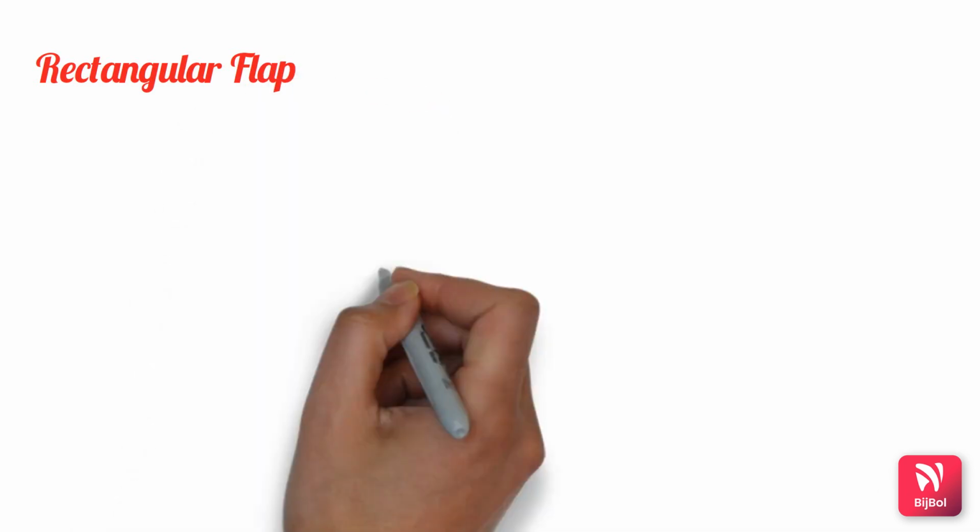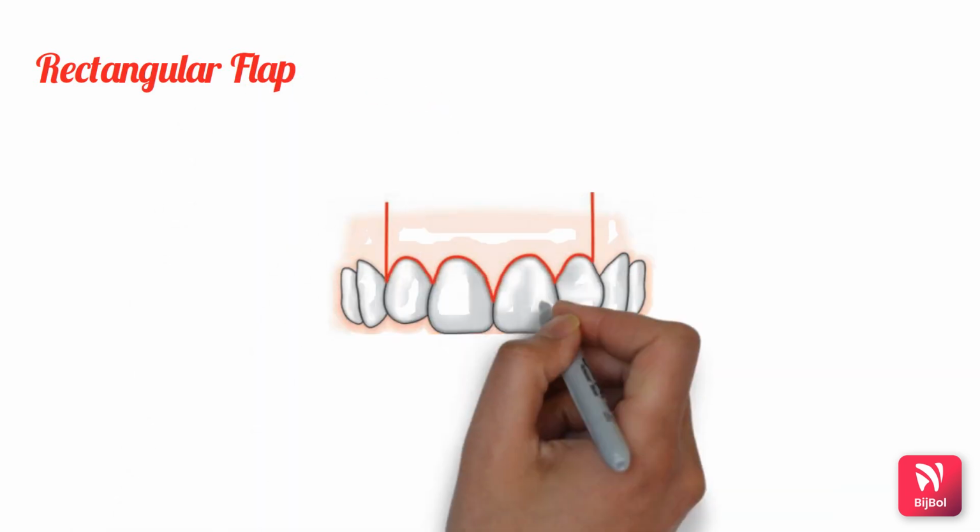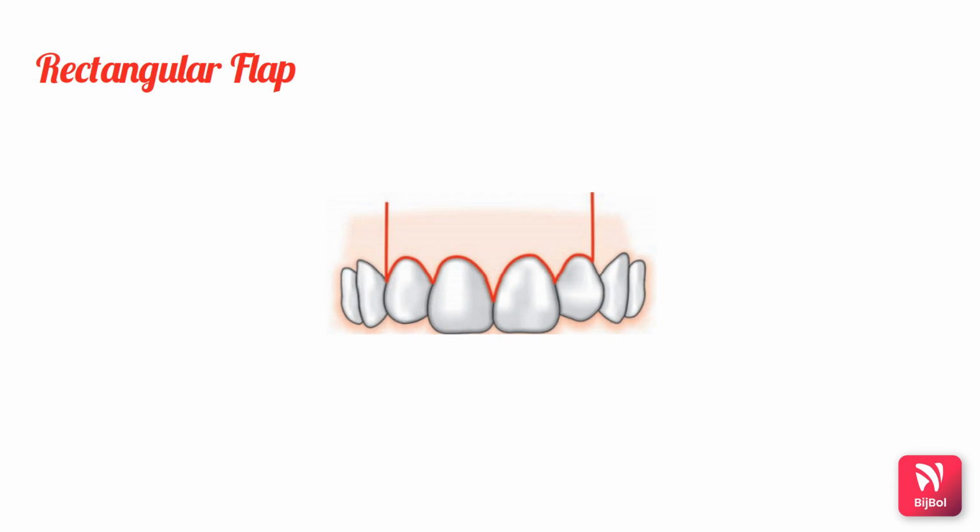Now we'll see the rectangular flap. It is an extension of the triangular flap. Here, two vertical releasing incisions and a horizontal intrasulcular incision are given, and it is indicated in the case of mandibular anteriors, maxillary canines, and multiple teeth. It is not recommended for the mandibular posterior teeth; the triangular flap is more indicated there.